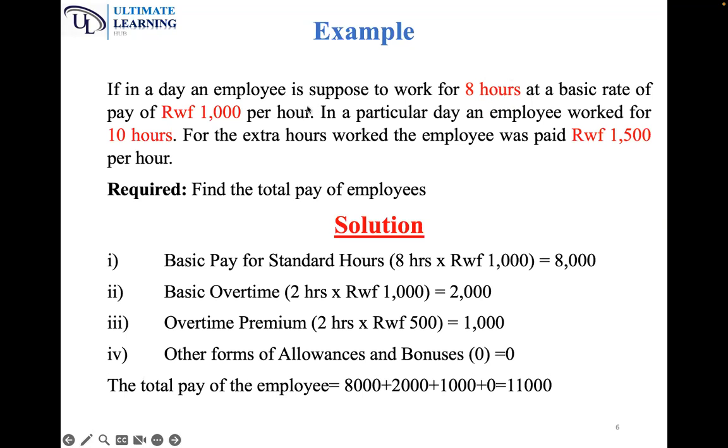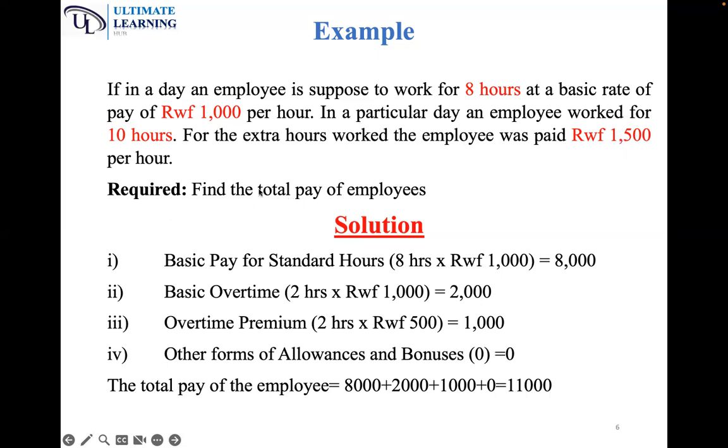In a particular day, the employee worked 10 hours, which means he worked 2 hours more than the standard time of 8 hours. These extra 2 hours are known as overtime. For the extra hours worked, the employee will be paid 1,500 per hour, whereas in the basic standard time he was paid 1,000 per hour.